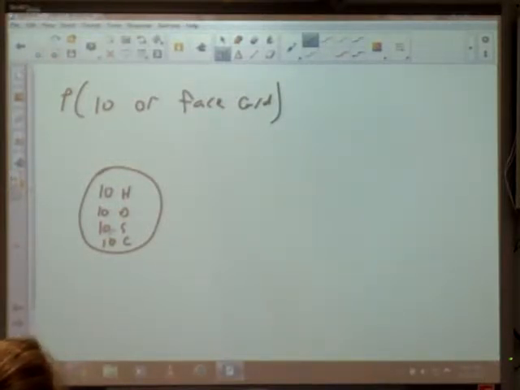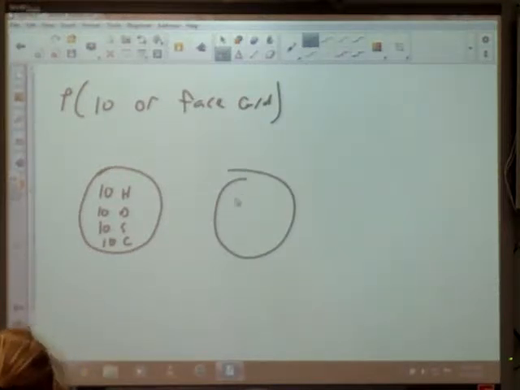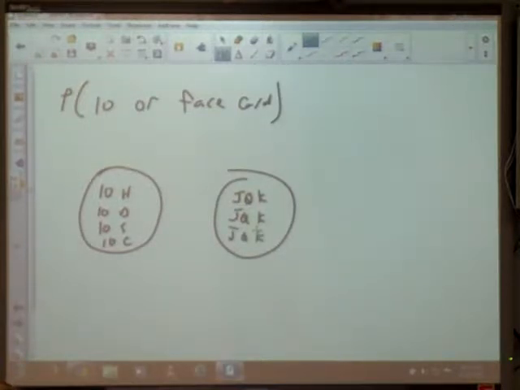Do we need to review a deck of cards? Y'all played solitaire before, know about a deck of cards? All right, so the face cards that I have are Jack, Queen, King. What about Ace? Is an Ace considered a face card? Doesn't have a face. All right, you're exactly right. That's good logic there. And I could have all three of those for all four suits, right?